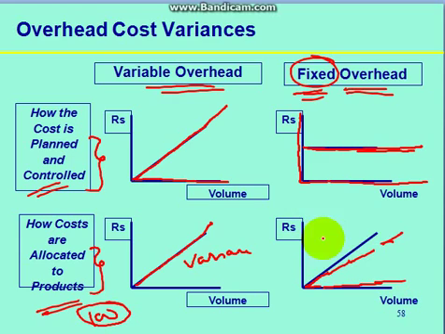So this is the figure which shows that if no planning and controlling is done, and the costs are allocated to products, then the fixed overhead grows in a variable manner, but it is already decided how much expenditure you have to make. So this is nothing but the concept of overhead cost variances.